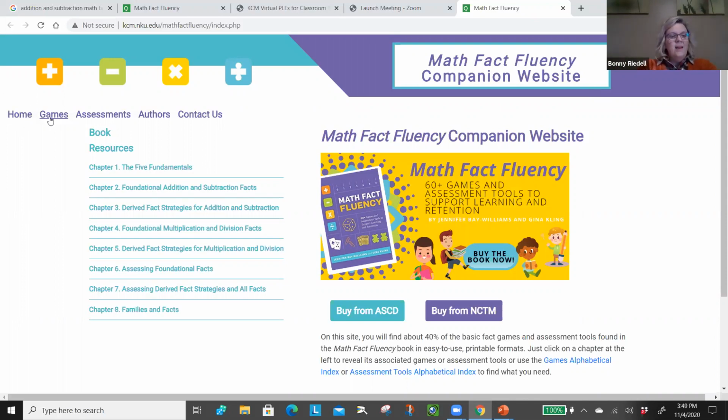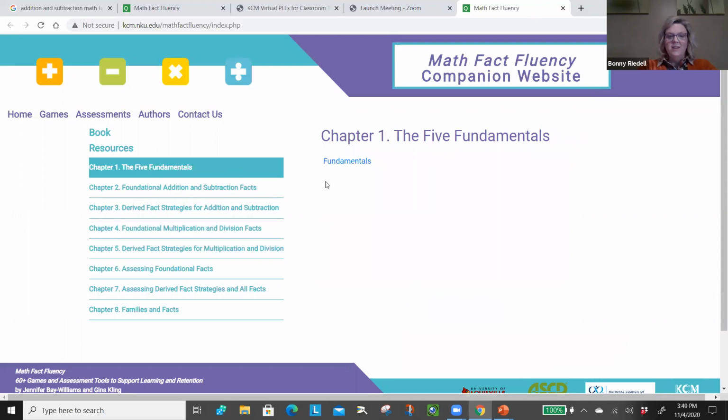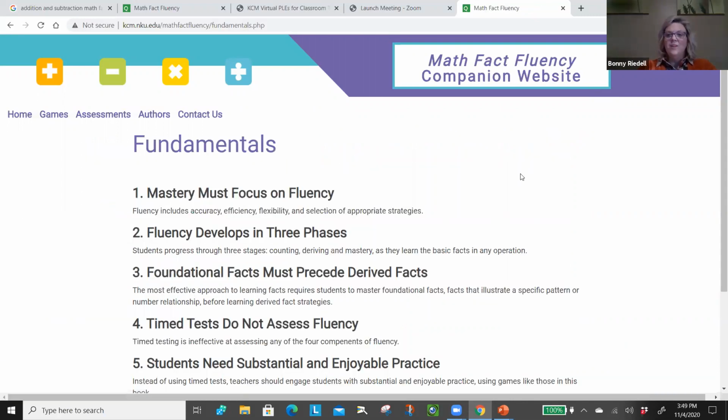And you can see we have games, assessments. You can learn about the authors. And of course, you can contact us. Chapter 1 talks about the 5 fundamentals. And we'll just click here, and there's a link to the 5 fundamentals. We've kind of already discussed those a little bit.